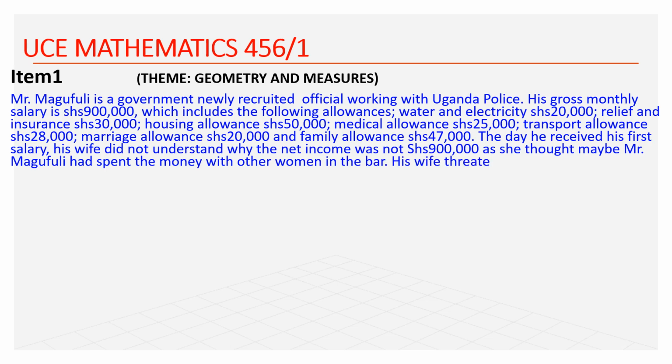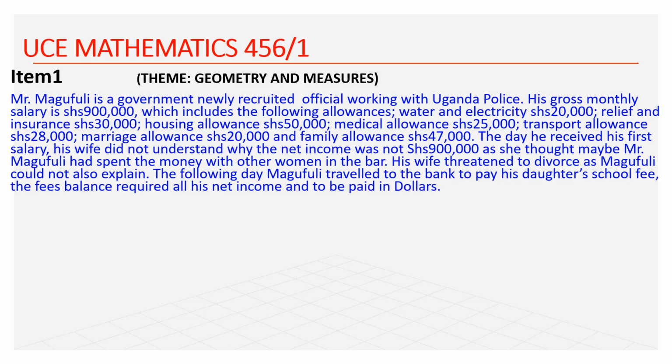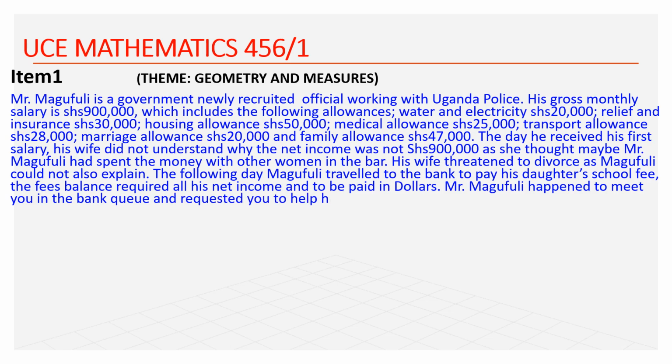The day he received his first salary, his wife did not understand why the net income was not actually 900,000 shillings. She thought maybe Mr. Magufuli had spent the money with other women in the bar. His wife threatened to divorce as Magufuli could not explain.